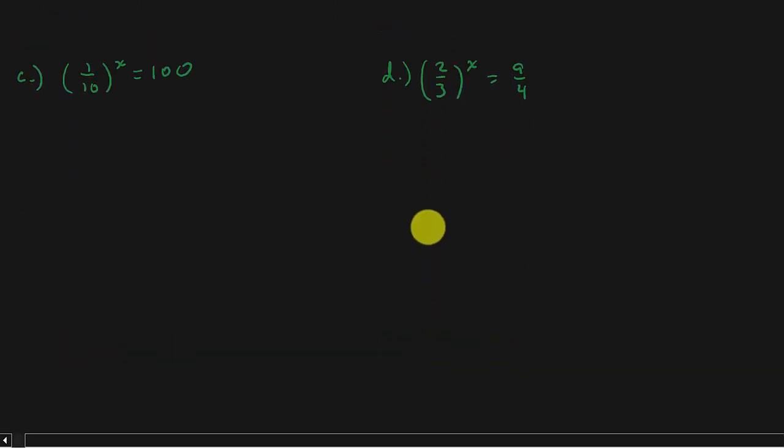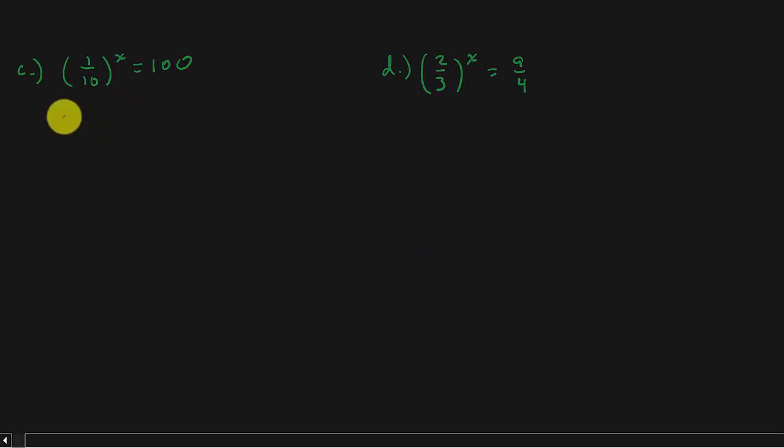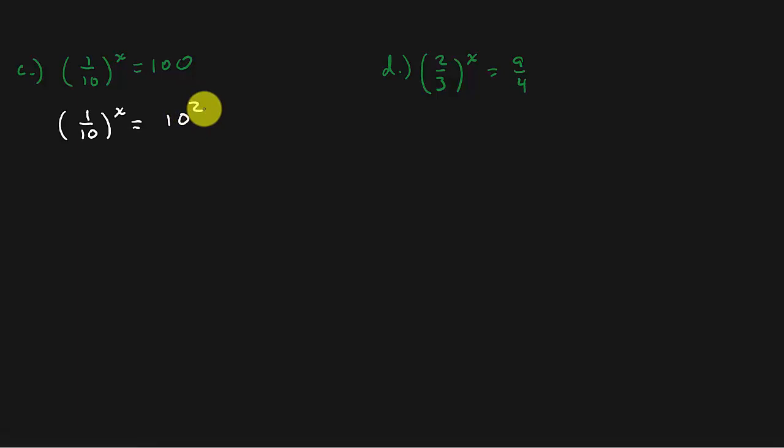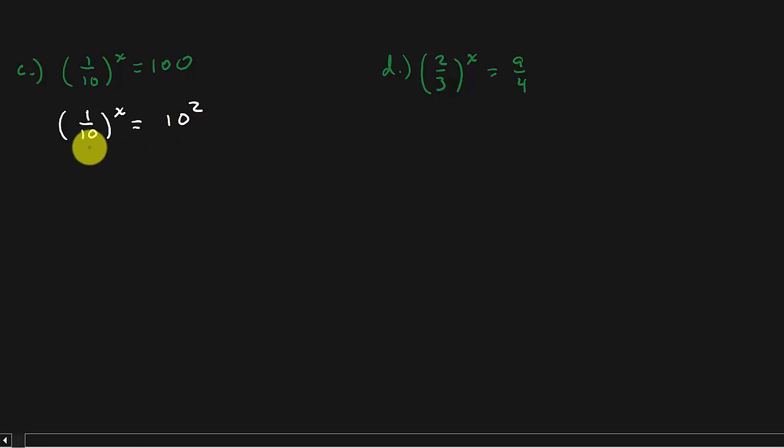All right, so what about this one? Well, this is what? This is 1 over 10 to the x equals, and 100 is what? 10 squared. Okay, now my bases aren't the same, but they're getting there. I've got a 10 here, I've got a 10 here. So, well, let's see, 1/10 and 10, they're reciprocals of each other.